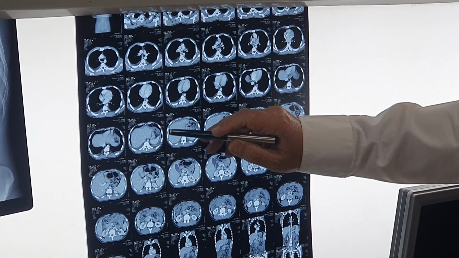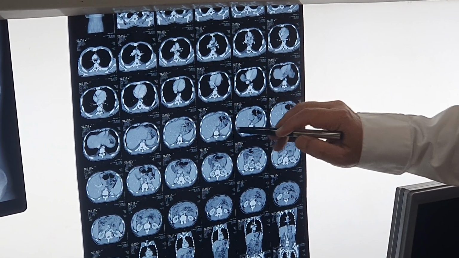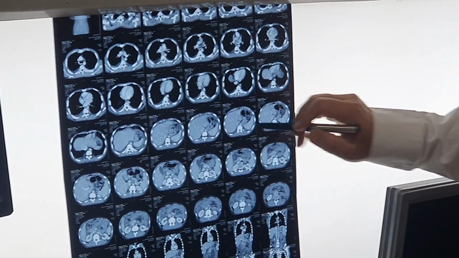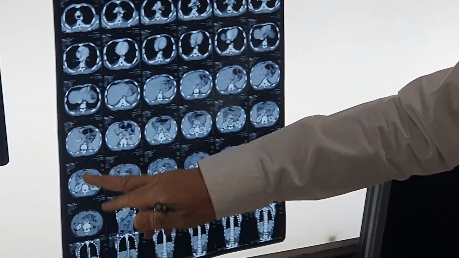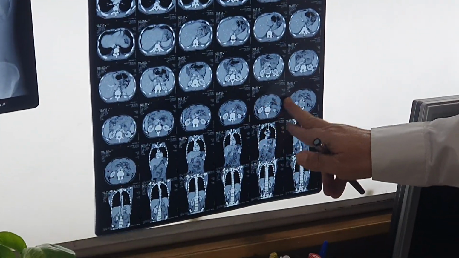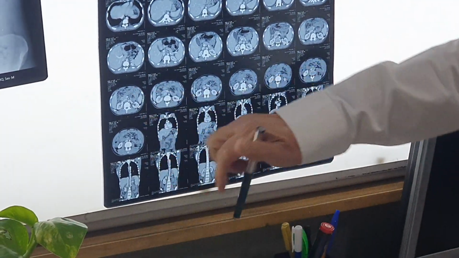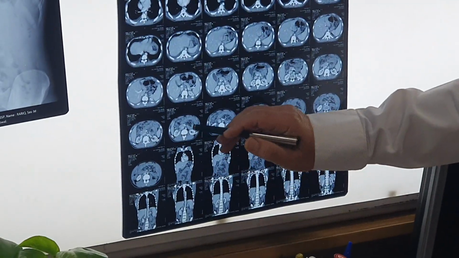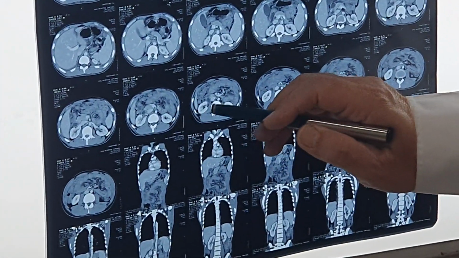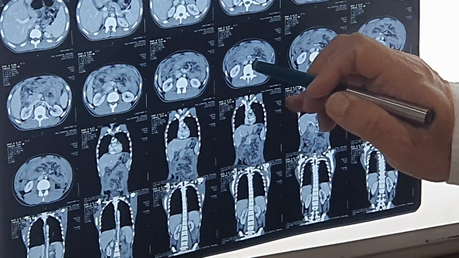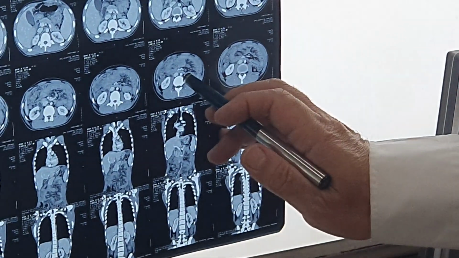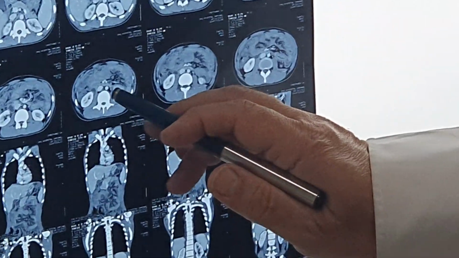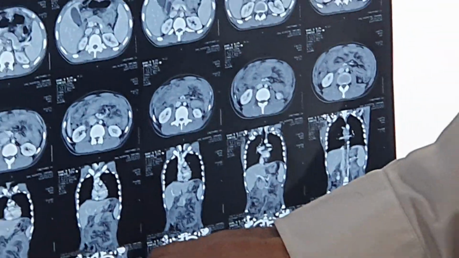Coming down to the abdomen, his liver looks all right, and you can see quite a lot of gaseous pattern, and the intestines are really full of fecal matter all the way. The kidneys look fine, and there isn't significant lymphadenopathy. Periaortic lymphadenopathy isn't very significant, although you can see occasional lymph nodes here and there, but they're not of any significance.